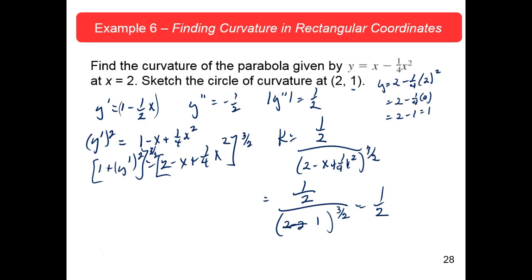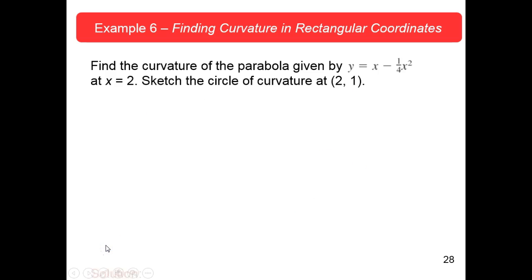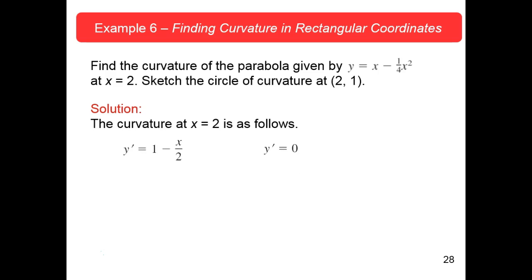Now, I didn't graph it. They're going to graph it on the next slide. So let's go on and take this off. The curvature at x equal 2 is as follows. You did y prime, which is 1 minus x over 2. I forgot to do my 1.